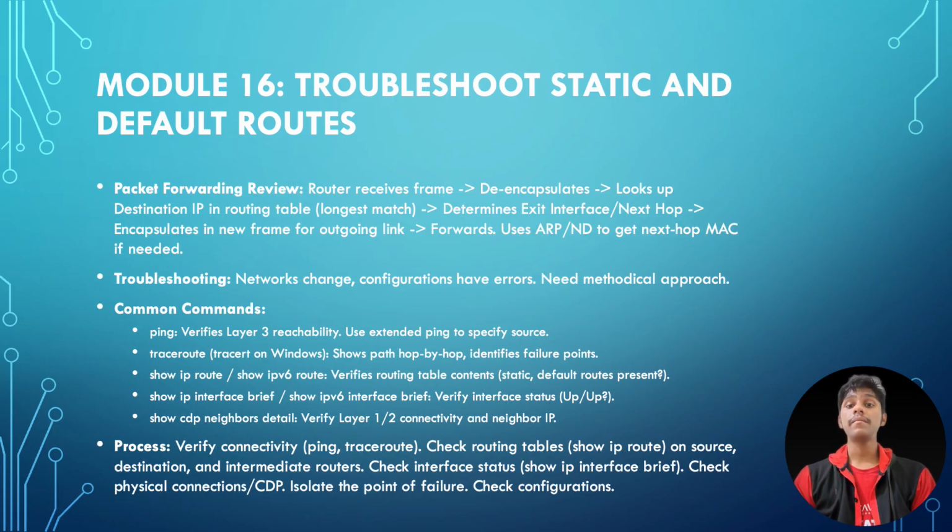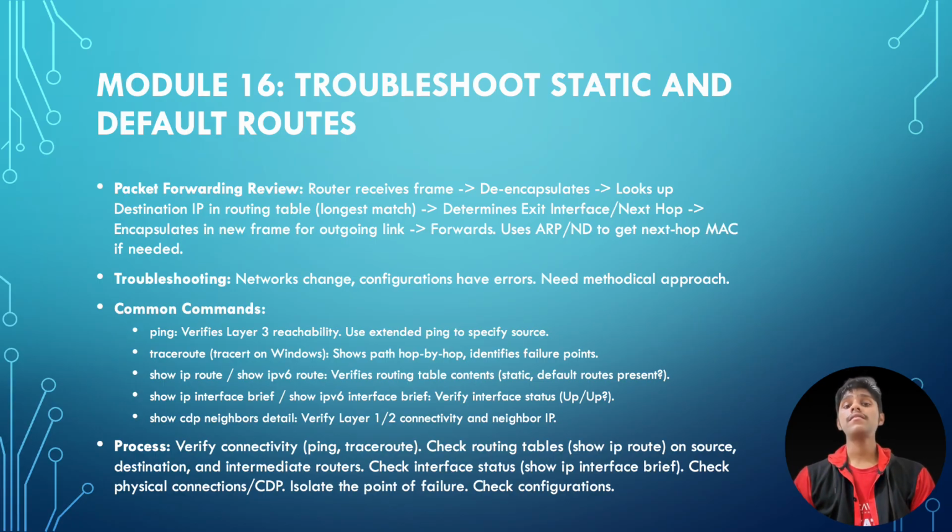So we need a systematic approach using common commands like ping, to test basic layer 3 connectivity, and traceroute, or tracert, which maps the path hop by hop, showing where packets might be getting lost. The show ip route and show ipv6 route commands are critical for verifying that the expected static or default routes are actually in the routing table and active.